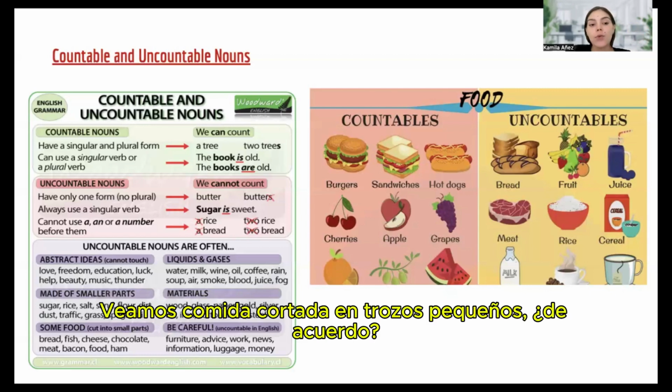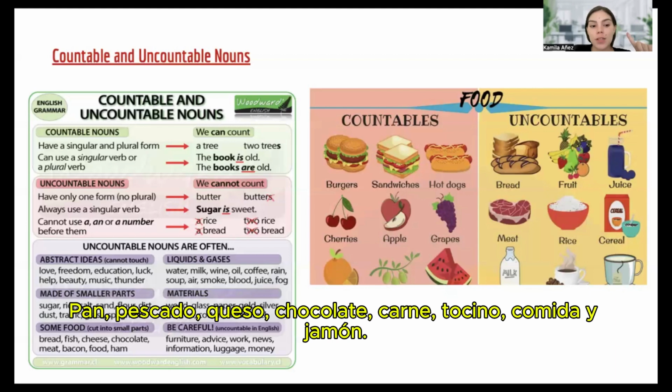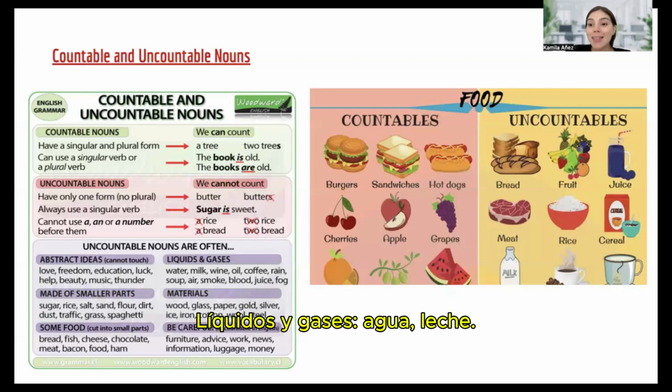Let's see some food that is cut into small parts, okay? Bread, fish, cheese, chocolate, meat, bacon, fruit, and ham, okay? Liquids and gases: water, milk, wine, oil, coffee, rain, soup, air, smoke, blood, juice, fog, soda, all right?